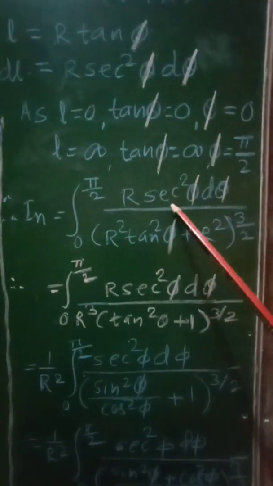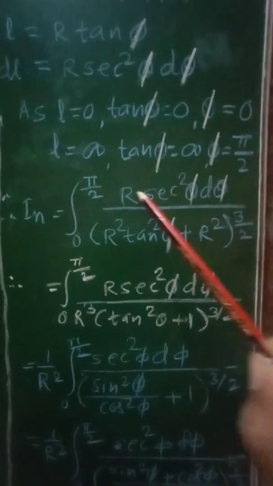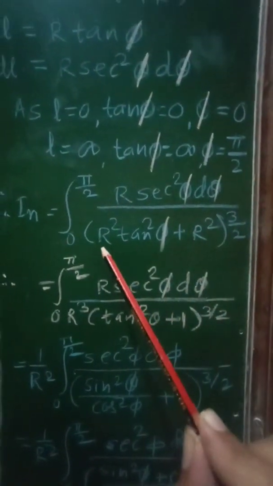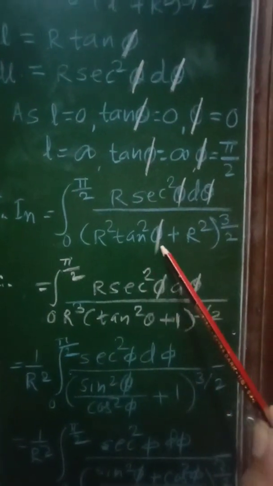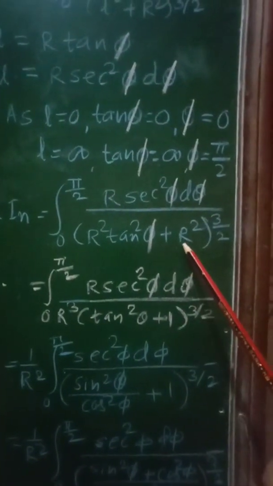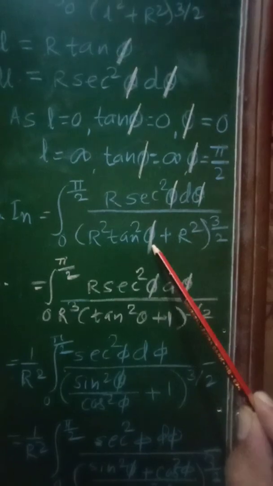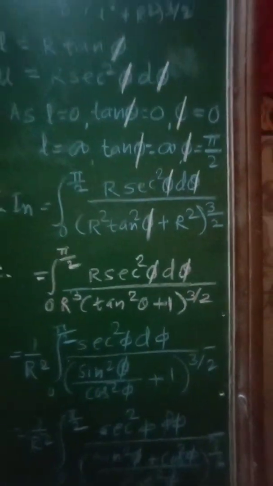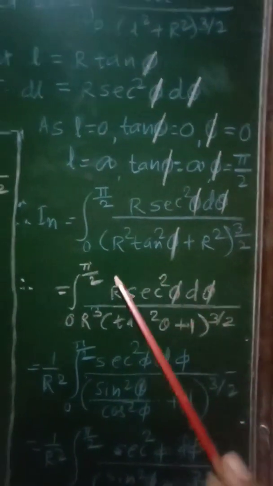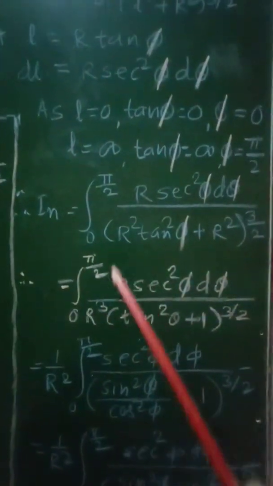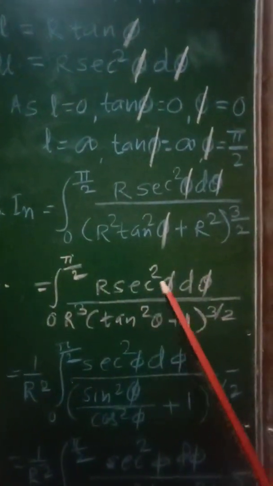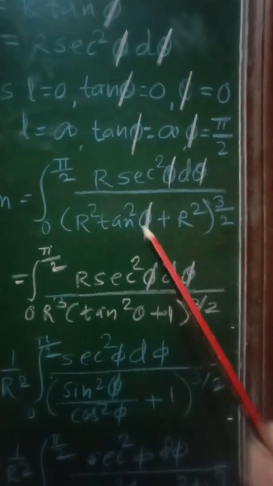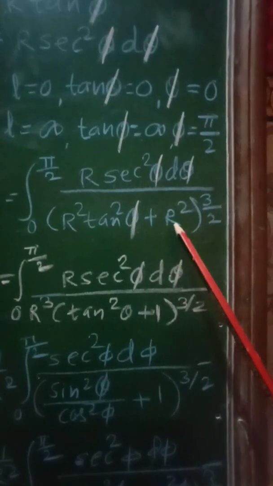So the integration will be equal to integration from 0 to pi by 2 of R sec² phi d phi, that is the value of dl, upon (R² tan² phi + R²) raised to 3 by 2.